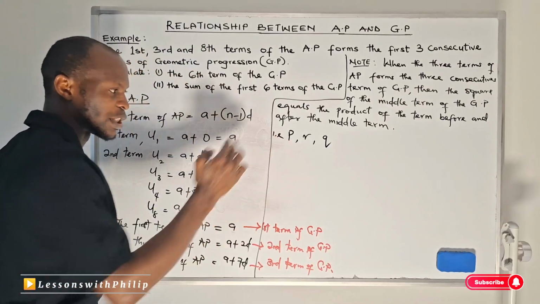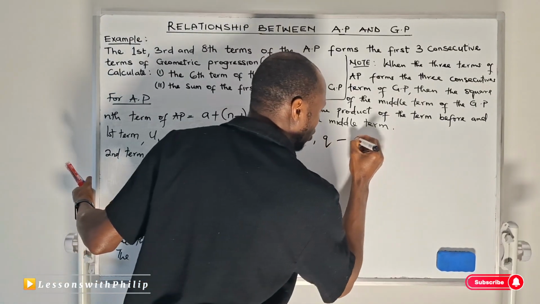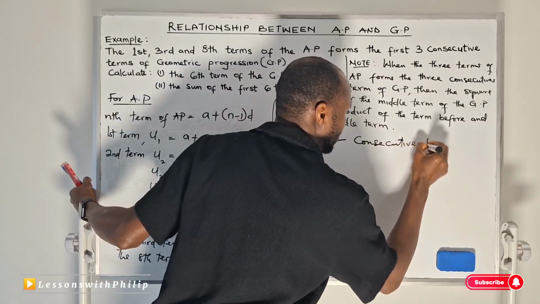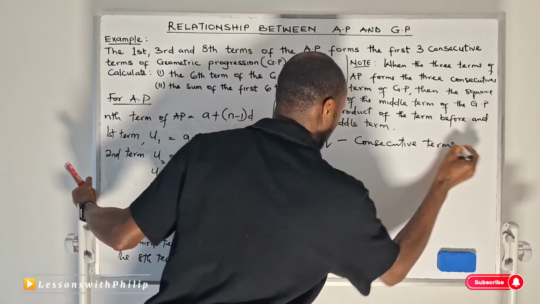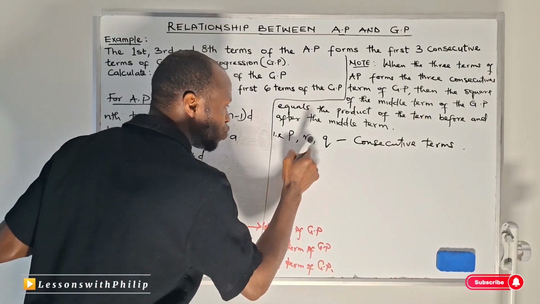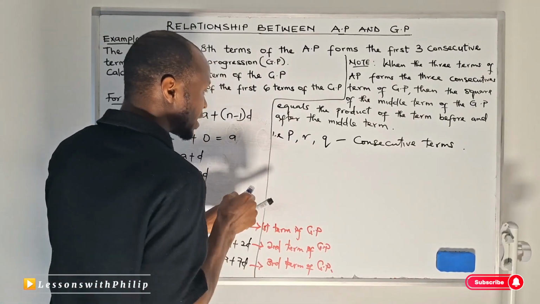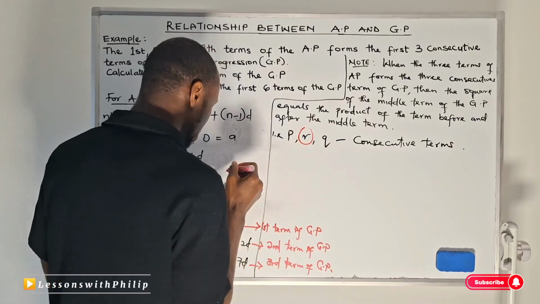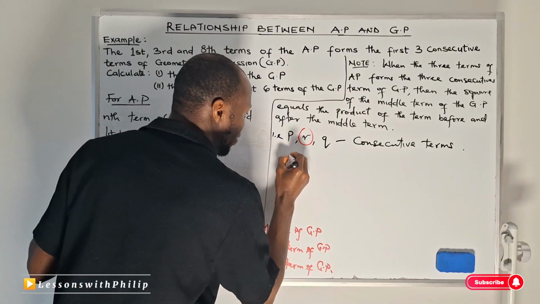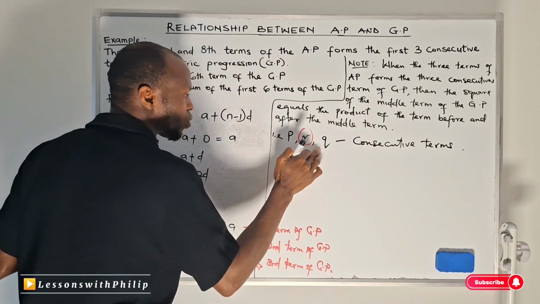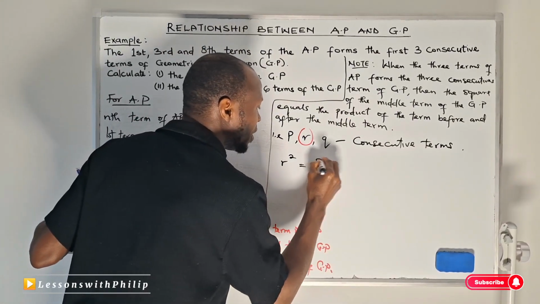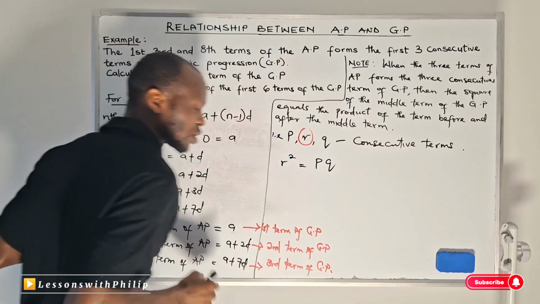These are the consecutive terms. They follow themselves. Now, the rule says that the one in the middle, which one is in the middle? R is in the middle. If you square the one in the middle, it is equal to the product of the one before the middle and the one after. That is P times Q.